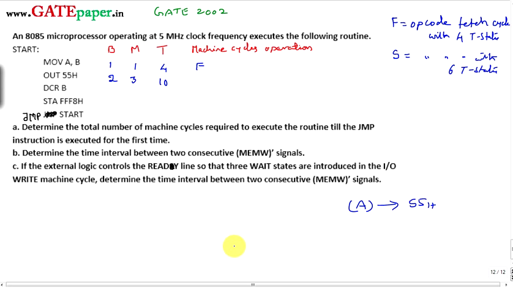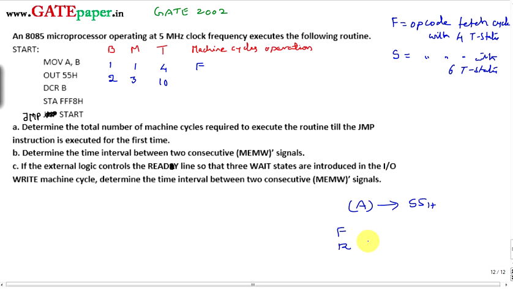For that, first it understands what the instruction is going to do with the help of the opcode. So it requires a fetch cycle, opcode fetch, and from that it understands that the microprocessor has to place the contents of the accumulator at an output port. But what is the address of the output port? It will know that in the second machine cycle, which is a memory read. R means memory read.